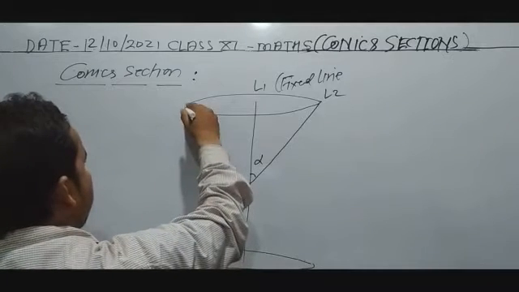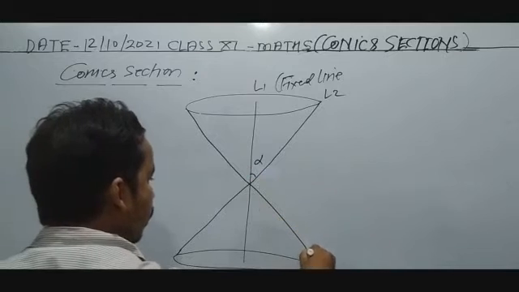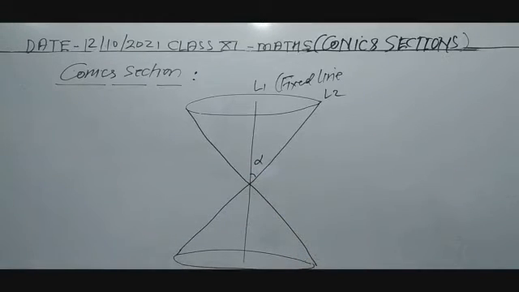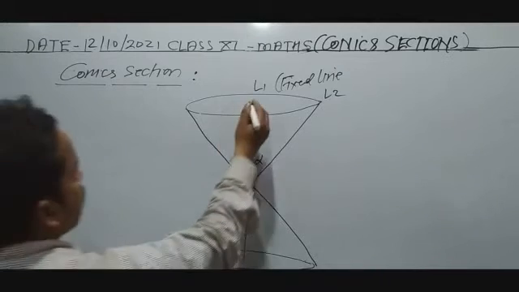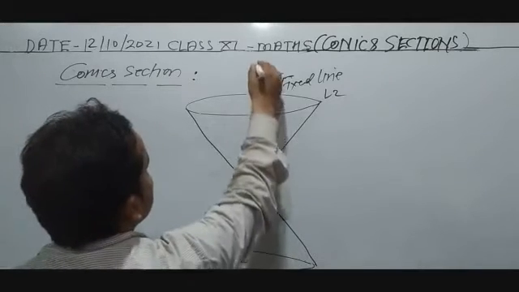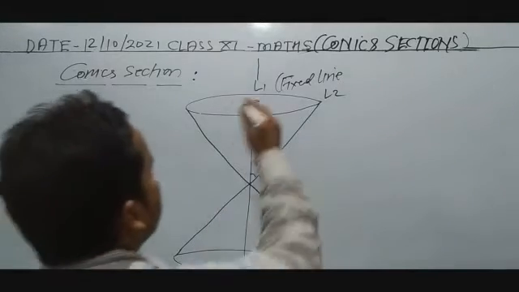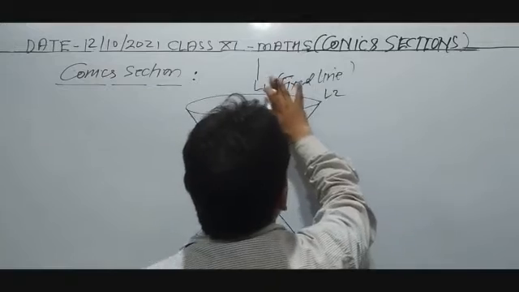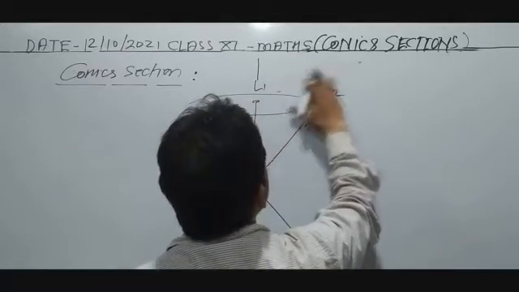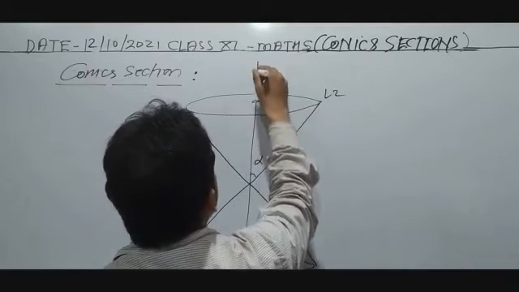Now see, this is a double cone. The line L1 is known as the fixed line.